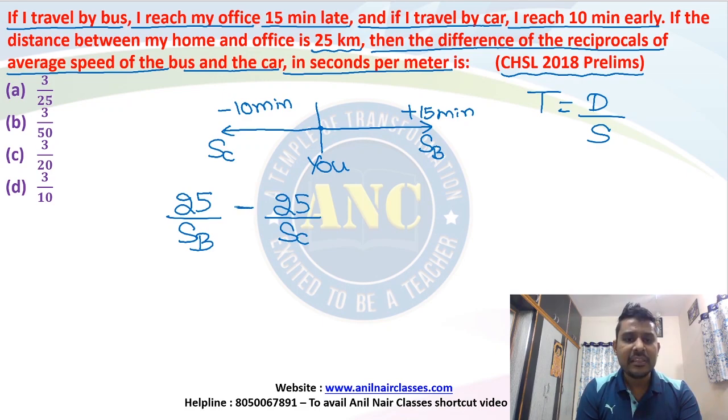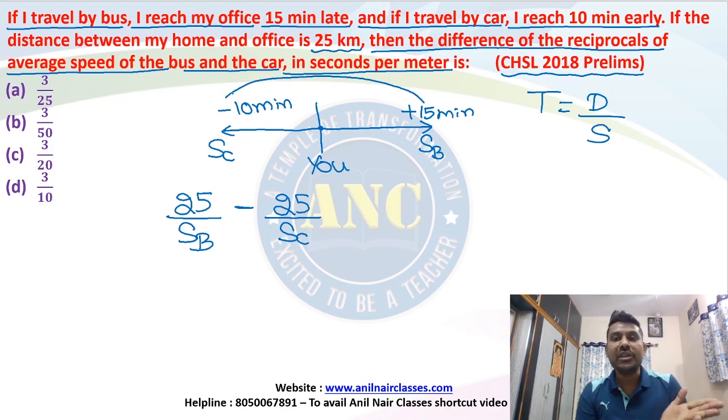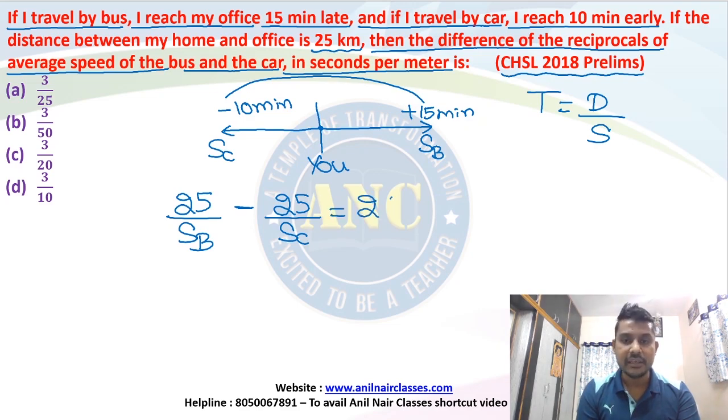And the difference in the time taken by traveling from bus and car is 15 minutes late and 10 minutes early. 15 minus of minus 10 is 25 minutes. 25 minutes is 25 divided by 60 hours.